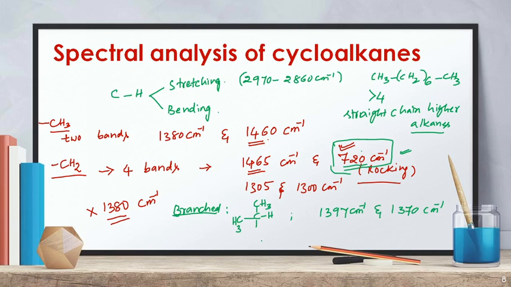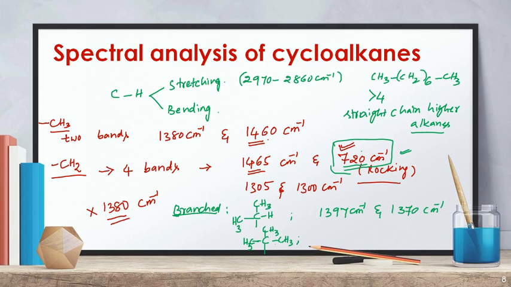Suppose the carbon atom is attached to 3 methyl groups, then we call this structural unit a tertiary butyl group.